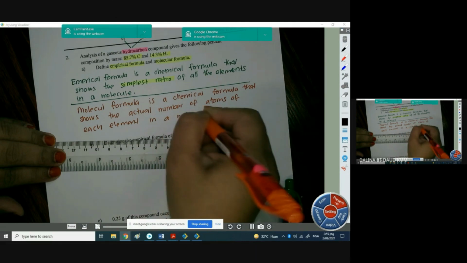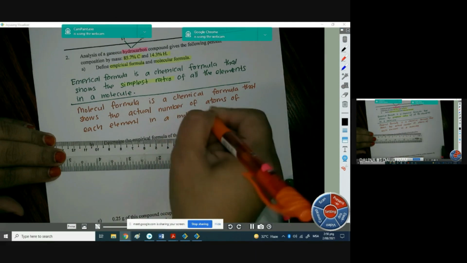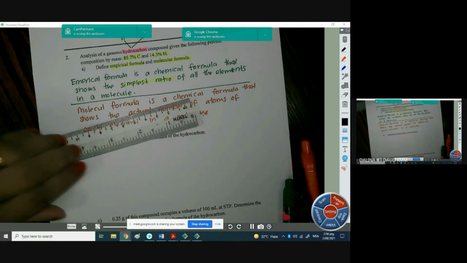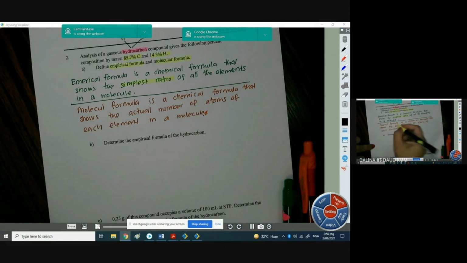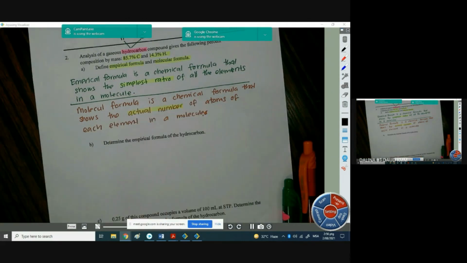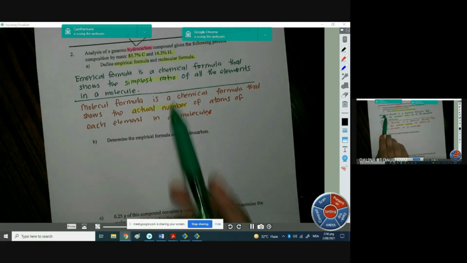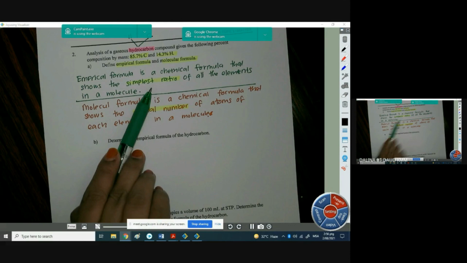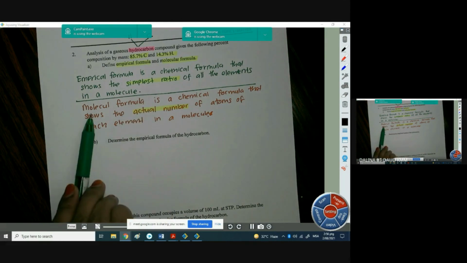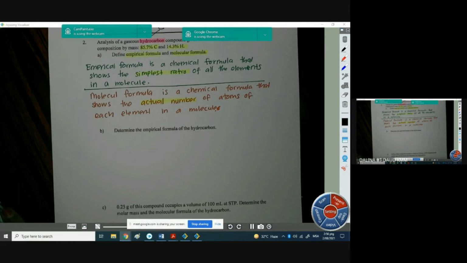So for empirical, the keyword is simplest ratio; molecular formula is the actual number. Okay, I give you 1 minute to copy.